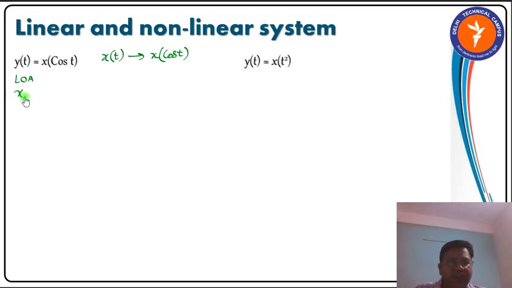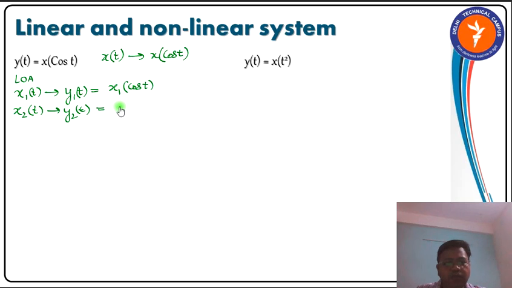So if I excite the system with x1(t), in the output I will get, say, y1(t), equal to x1(cos t). Similarly, if I excite it with x2(t), I will get, say, y2(t), equal to x2(cos t).